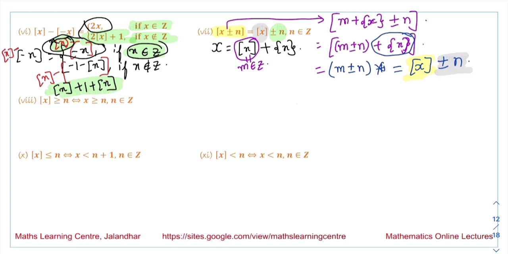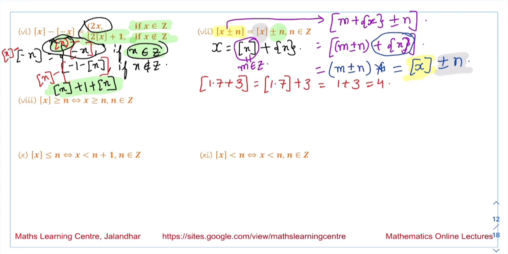Whatever we have added or subtracted, we will get that answer. So what this means is, if we are calculating the greatest integer function of, say, 1.7 plus 3, the answer we will obtain is the greatest integer of 1.7 plus 3. So the answer is 1 plus 3, that is equal to 4.